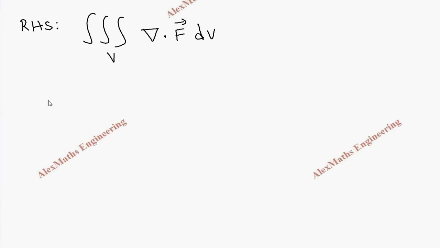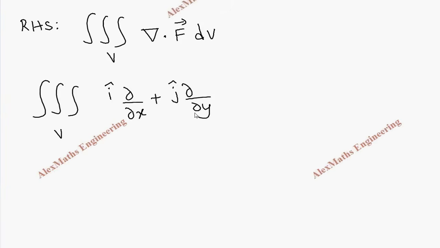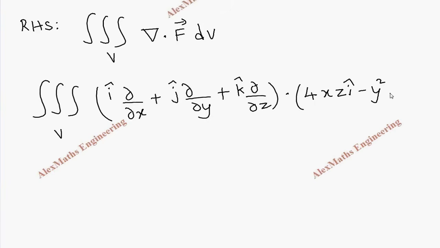Del is nothing but i cap into dou by dou x plus j cap into dou by dou y plus k cap into dou by dou z, and with this dot of f vector, which is 4xz i cap minus y square j cap plus yz k cap. Then at the end we have dv.